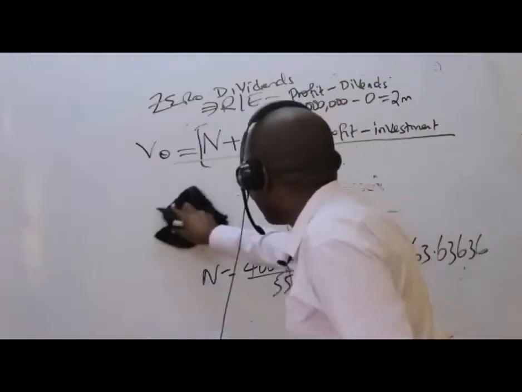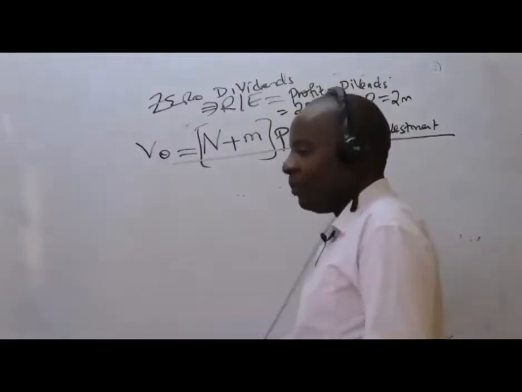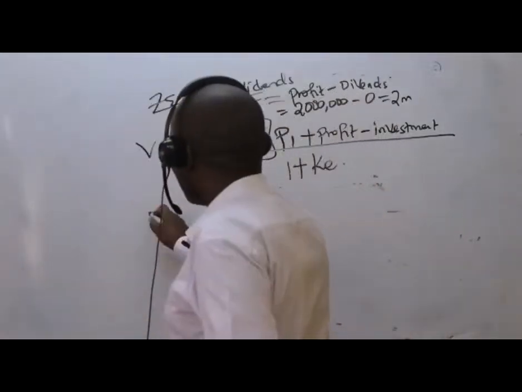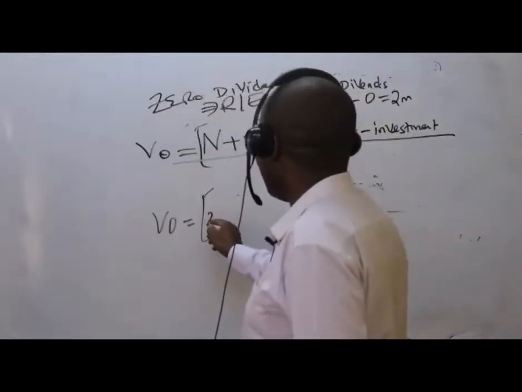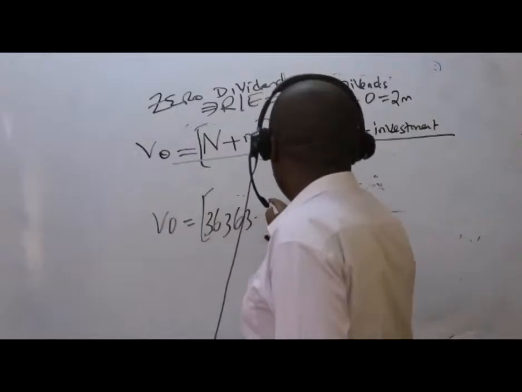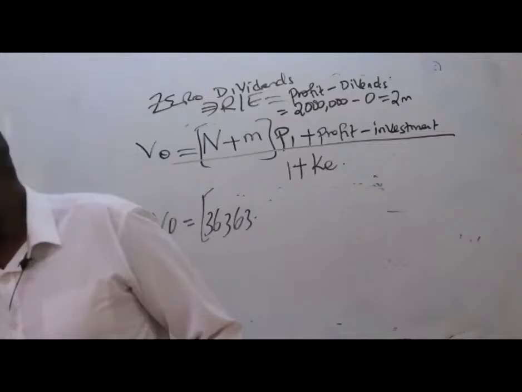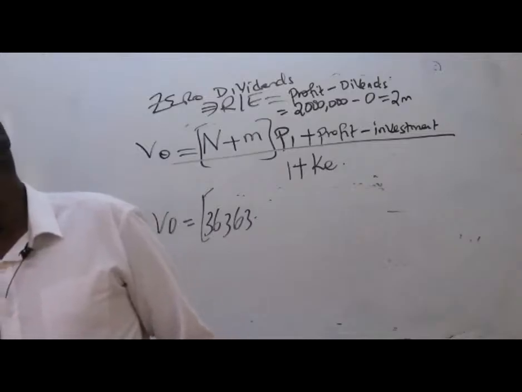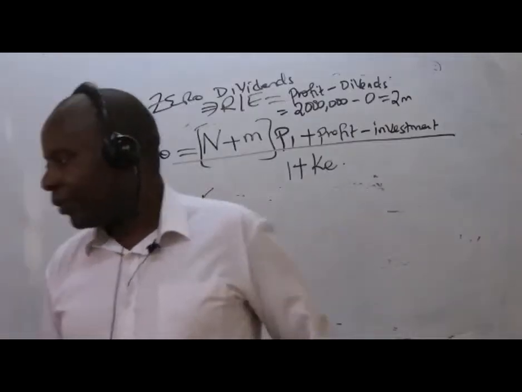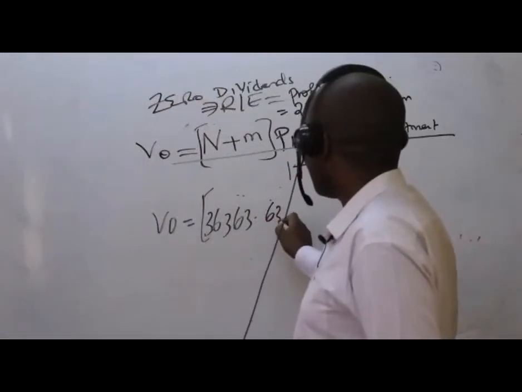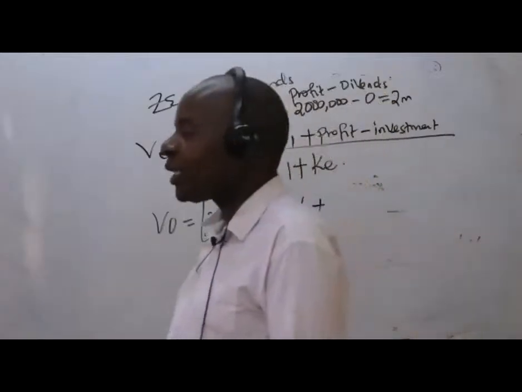My V0 here will be equal to the n that you gave me, 36,363.63636, plus M. Remember what we said about M.